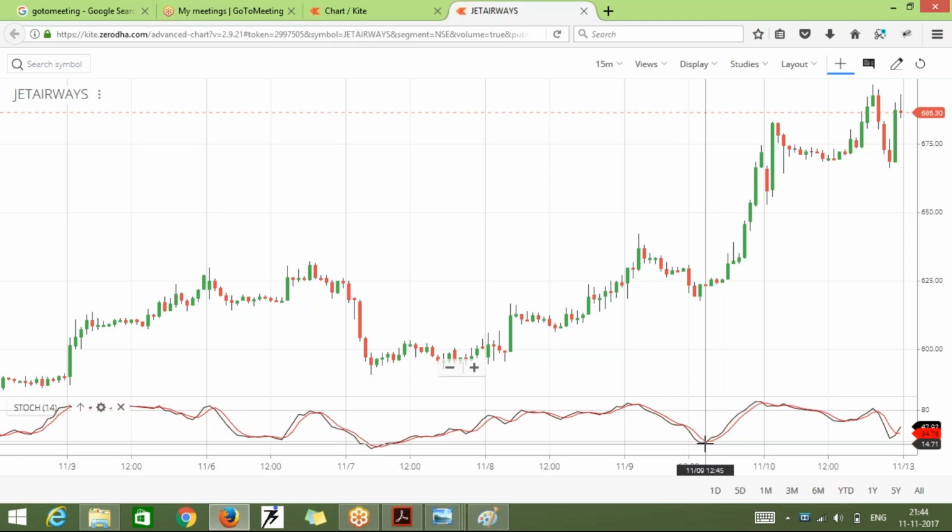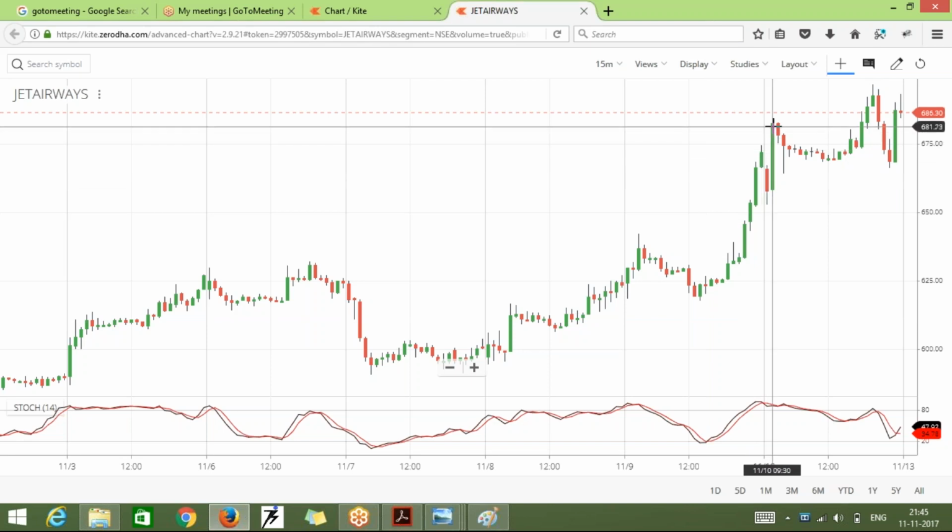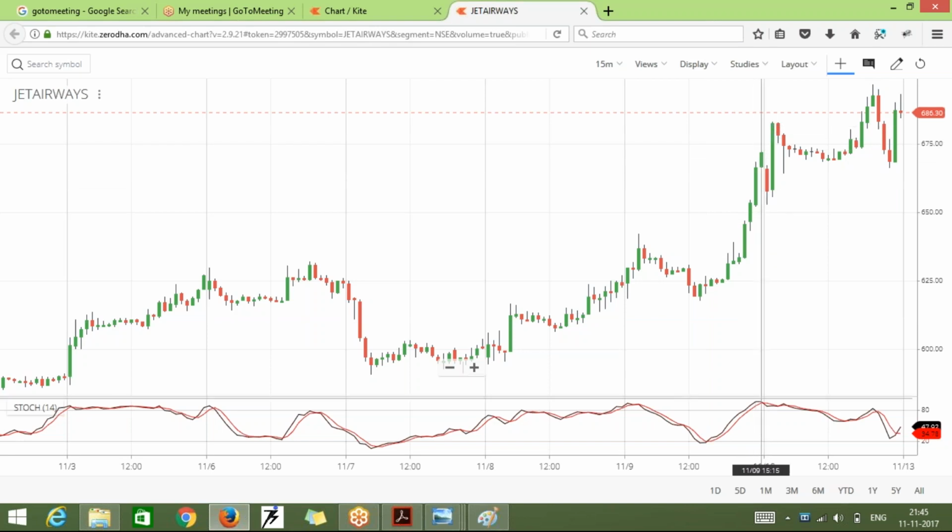This price is at a lower level, this is definitely going to move up because this is the low which we can see. It takes previous prices into consideration. So here when it suggested that a buy should be done, see the stock went up to this level. This is exactly the success of stochastics.